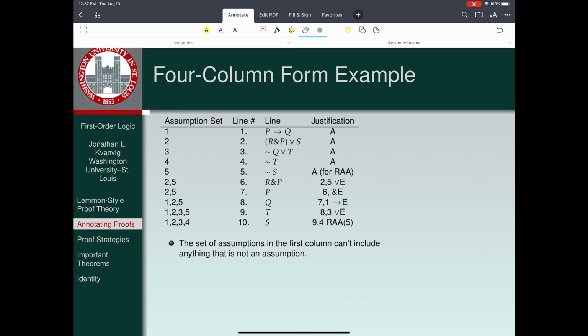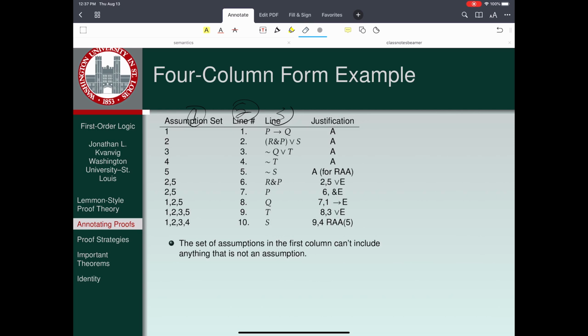As I said earlier, there are 4 columns here rather than the 3 columns you might be more familiar with if you learned Fitch-style proof systems. In a Fitch-style proof system, you'll have the line number column, the line, which is the formula at each line number, and a justification column. What's new here with Lemmon-style systems is that you also have an assumption set.